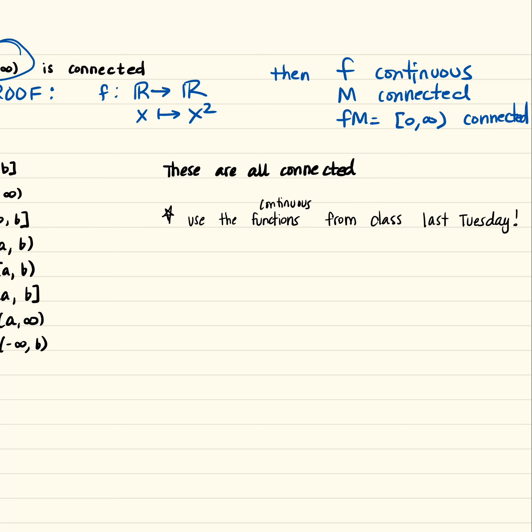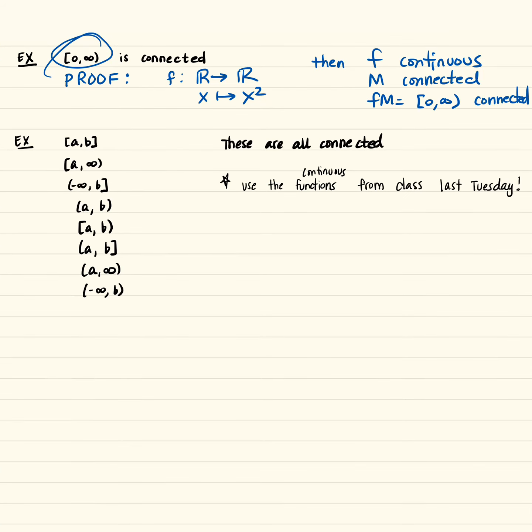So we're able to get a lot of connected sets. If you remember, we came up with continuous functions in class to describe almost every single one of these scenarios, continuous functions from R to each of these intervals. So we use the previous two theorems to conclude any interval of one of these forms is connected.